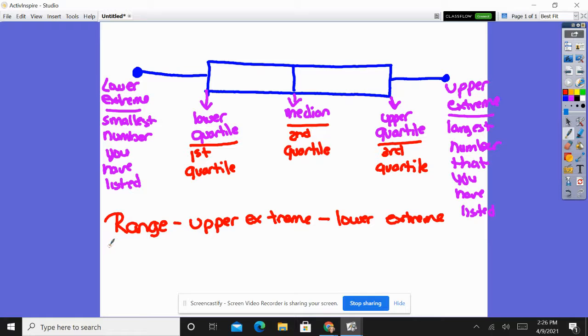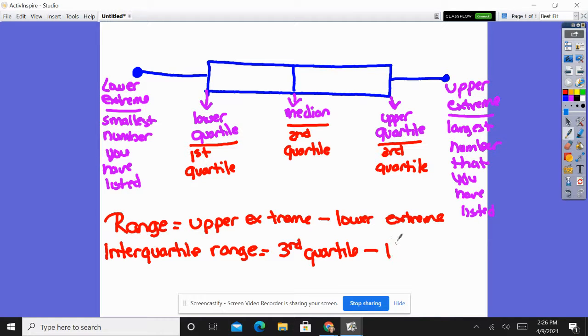Now, the other thing they're going to ask you for is called the interquartile range. And the interquartile range is equal to the third quartile minus the first quartile, or the upper quartile minus the lower quartile.